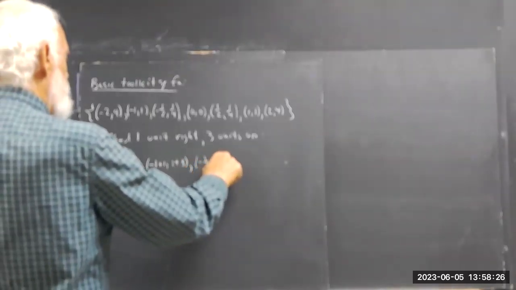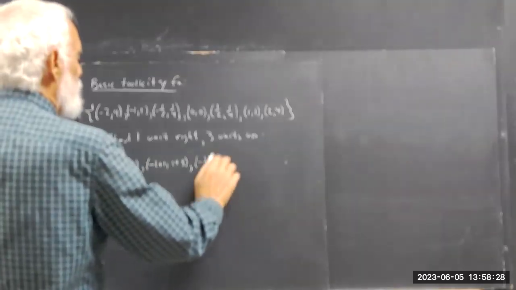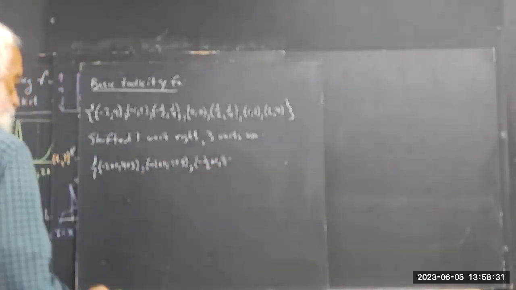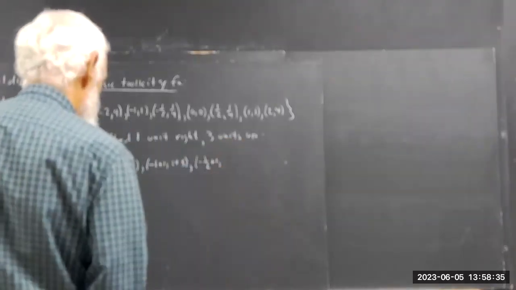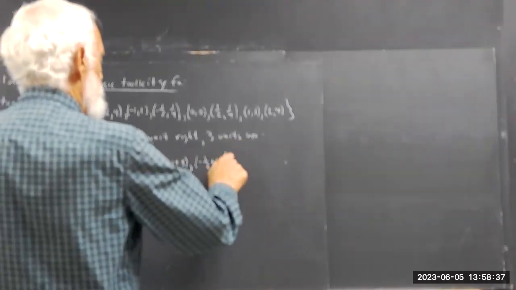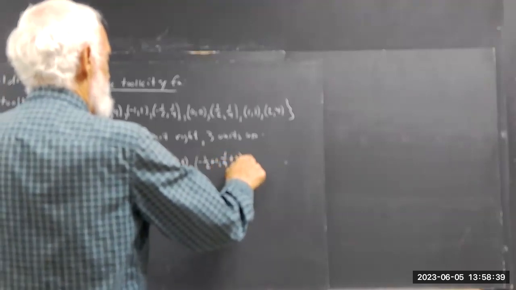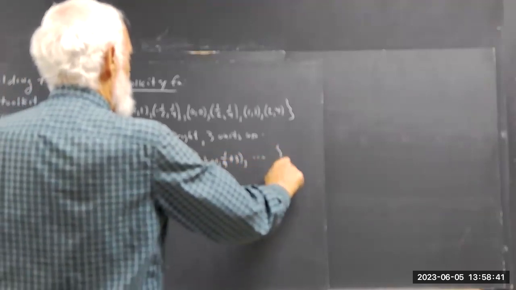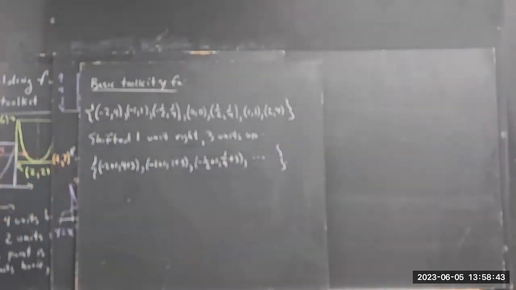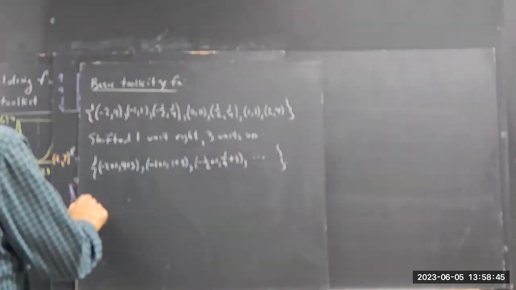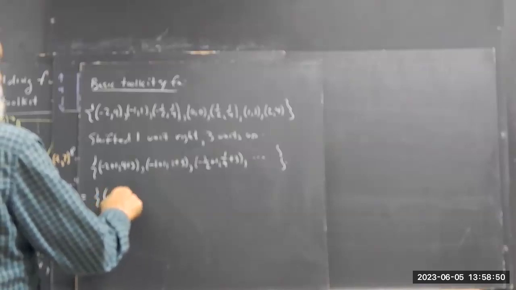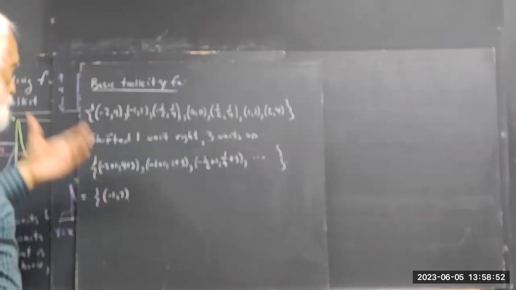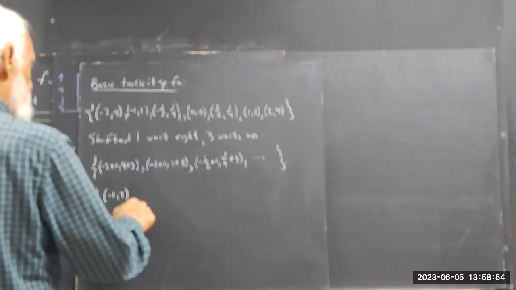Negative 1/2 plus 1, 1/4 plus 3. That gives us negative 1, 7, which we already did look at.